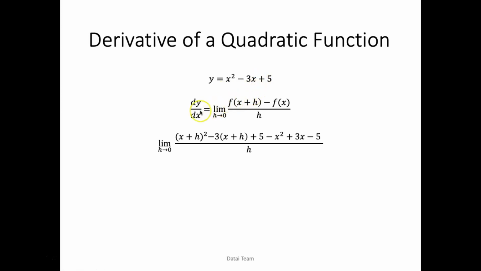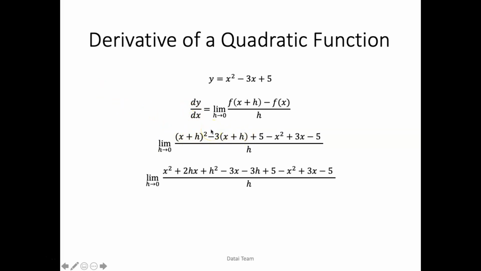And we plug the function in here: x plus h squared minus 3 times x plus h, plus 5, minus x squared plus 3x minus 5. We get rid of these parentheses and get x squared plus 2hx plus h squared minus 3x minus 3h plus 5 minus x squared plus 3x minus 5.